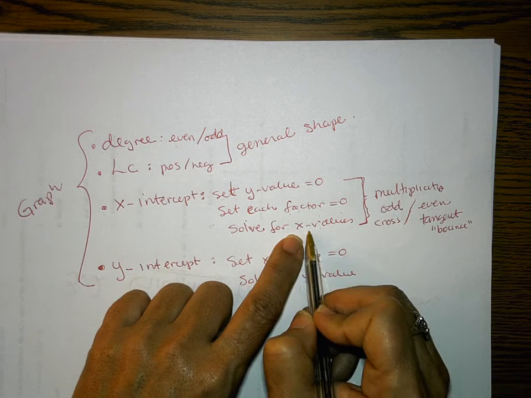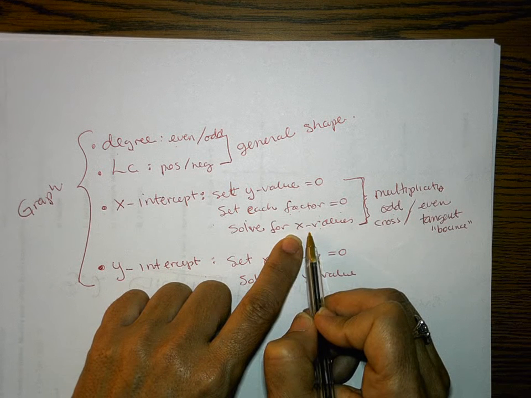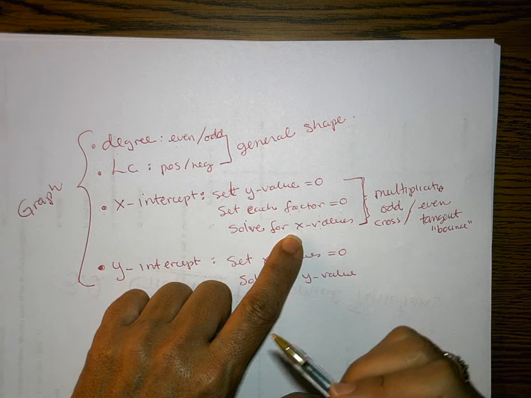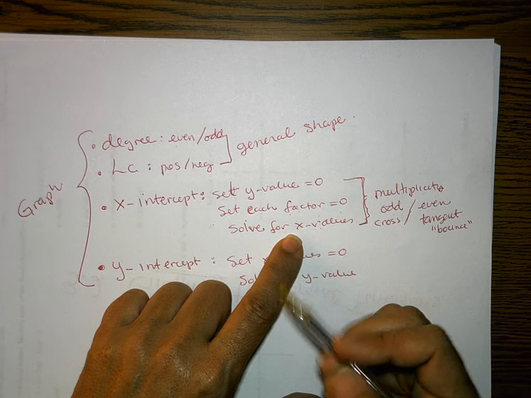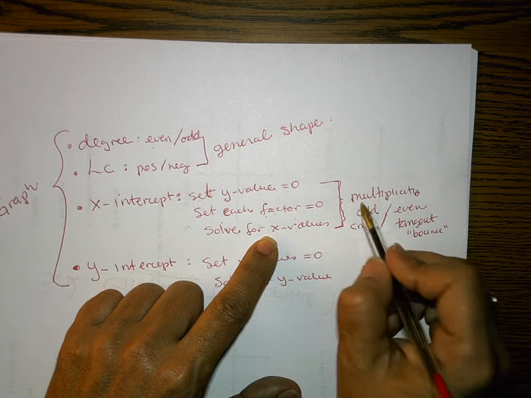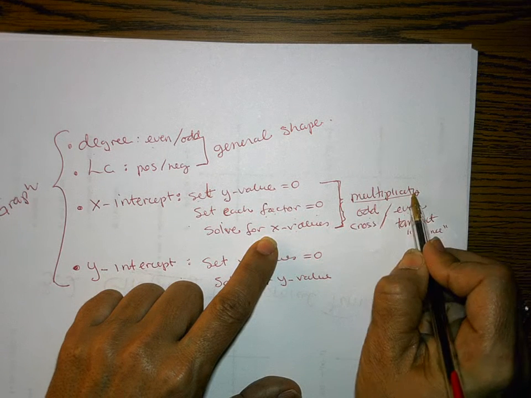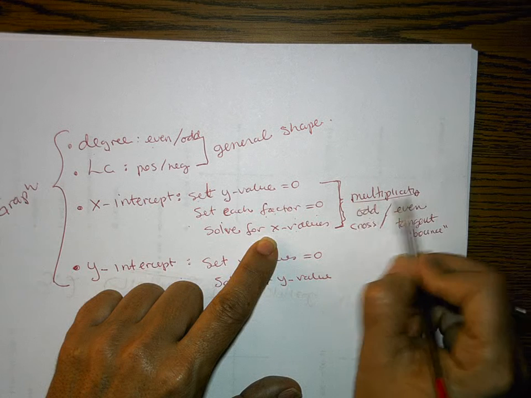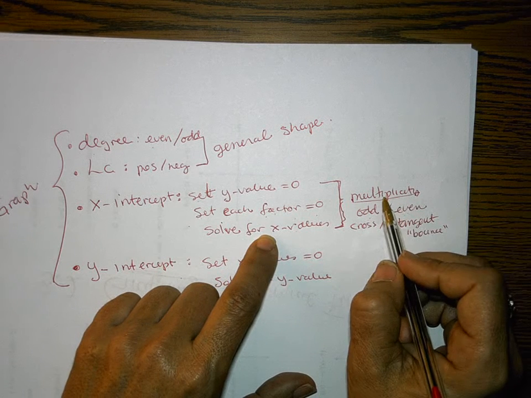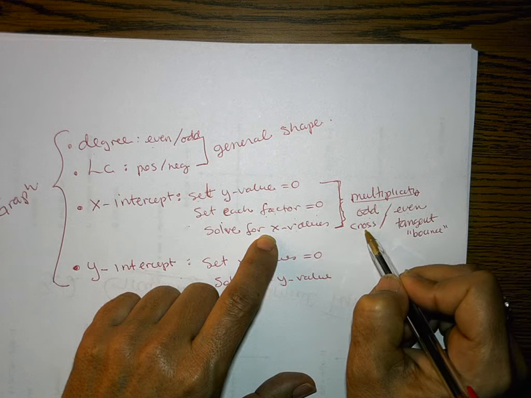Now, sometimes an x value will happen more than once. That means I'm going to touch the x-axis at the same exact spot twice. That is something we need to learn about, and it is what was referred to as multiplicity. If you touch the x-axis at one value only once, then you're crossing.